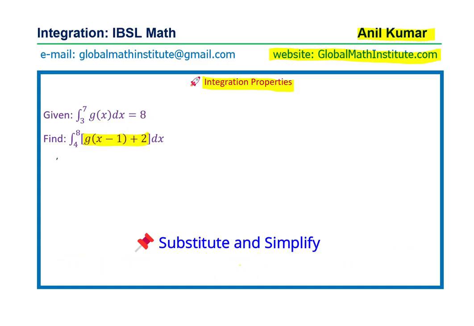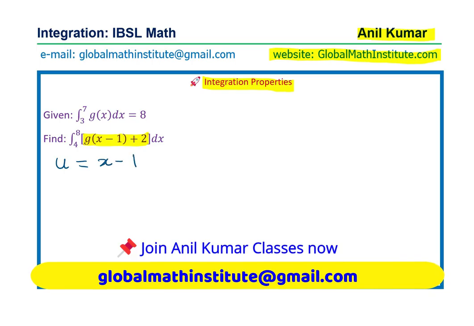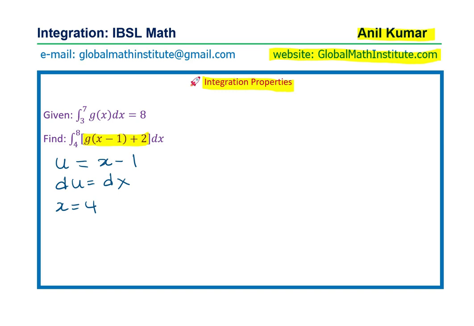That is to say that if u is equal to x minus 1, let us say, then du will be equal to dx. Also, when x is equal to 4, then u is equal to what? 4 minus 1, right? Which is 3. And when x equals 8, then u will be 8 minus 1, which is 7.